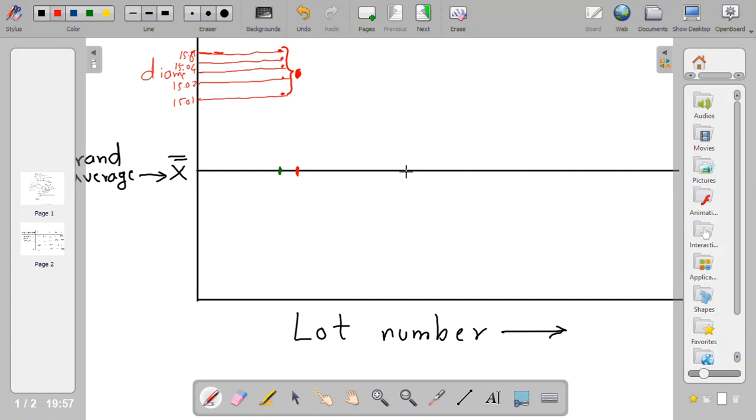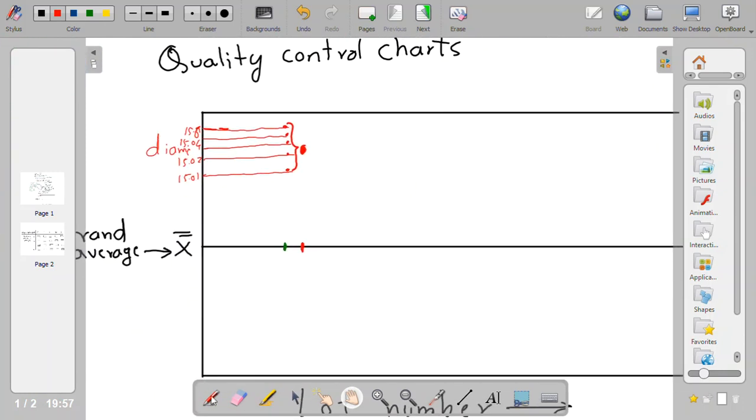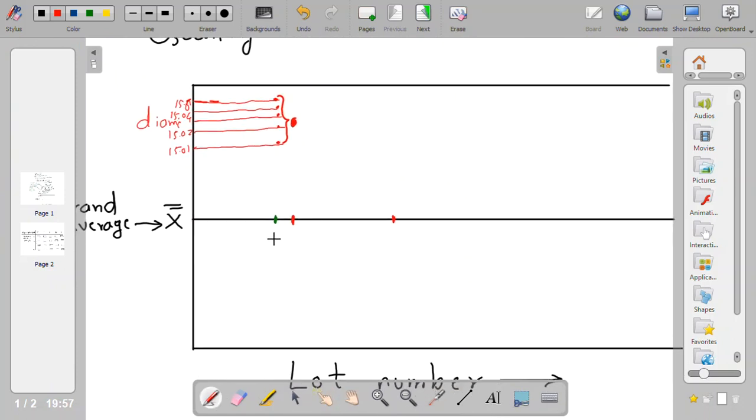Now the next lot, the second lot. This is 8 to 9 o'clock, already drawn, then 9 to 10 is one more lot. Again he will repeat the same process and choose 5 samples. This time let's assume he got diameter values here, samples 1 2 3 4 5, and again he finds the average and gets a middle point here.